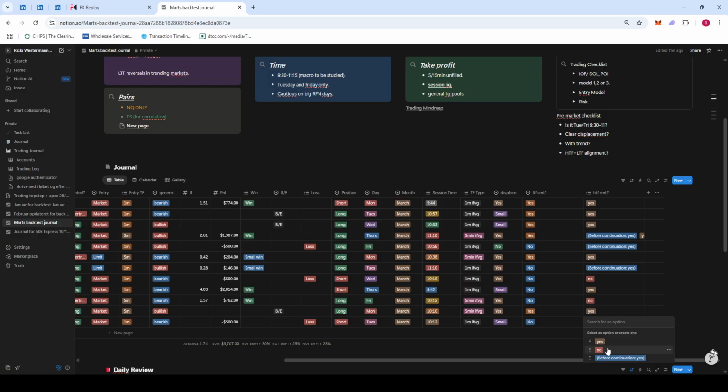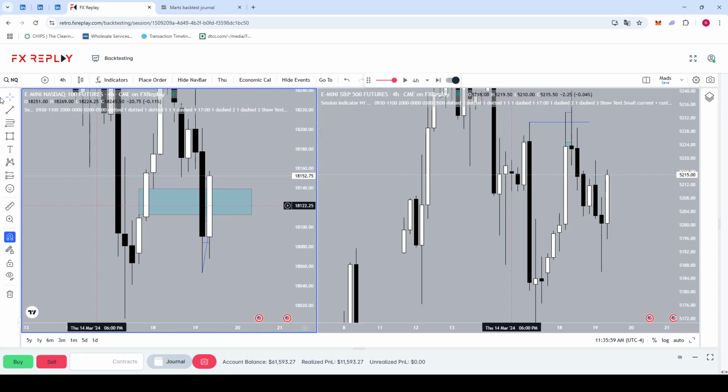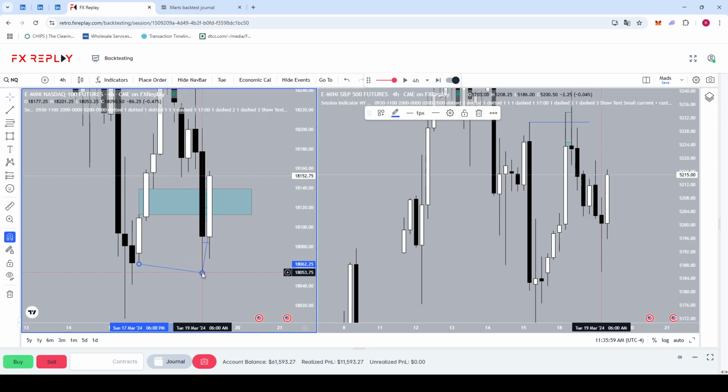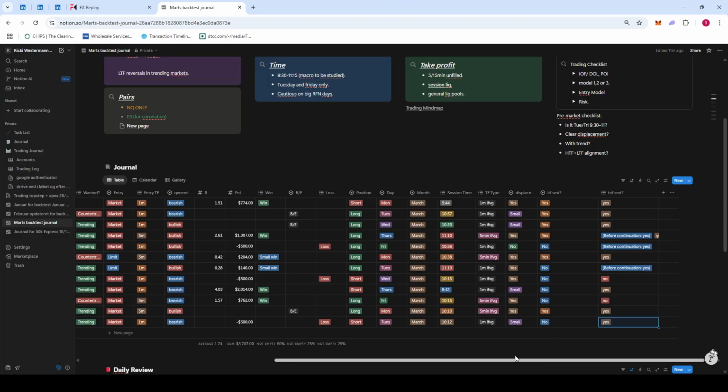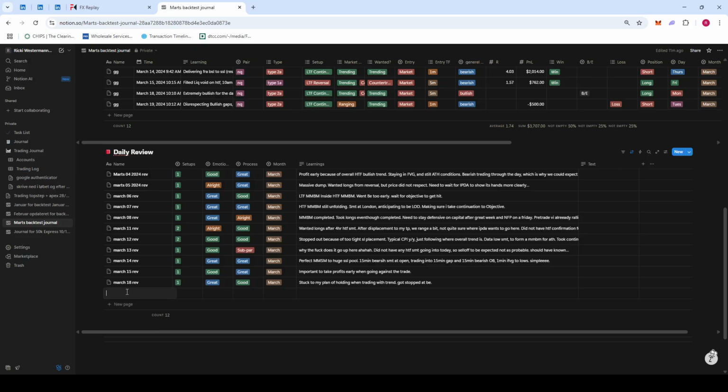And we do have a higher time frame SMT, but it's not valid because we also have this 4-hour SMT, right? But we do have it. So one setup, emotions, pretty good. The process I think was great today actually. It wasn't. That's a lie.